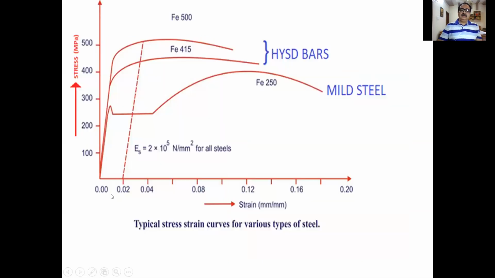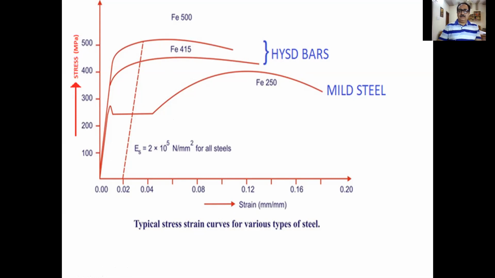Now, these are the stress strain curves for these particular steel grades. We can clearly see this curve is for mild steel, and these two curves are for HYSD bars. If we compare these two curves, for mild steel we find a point over here, which is the elastic limit point.